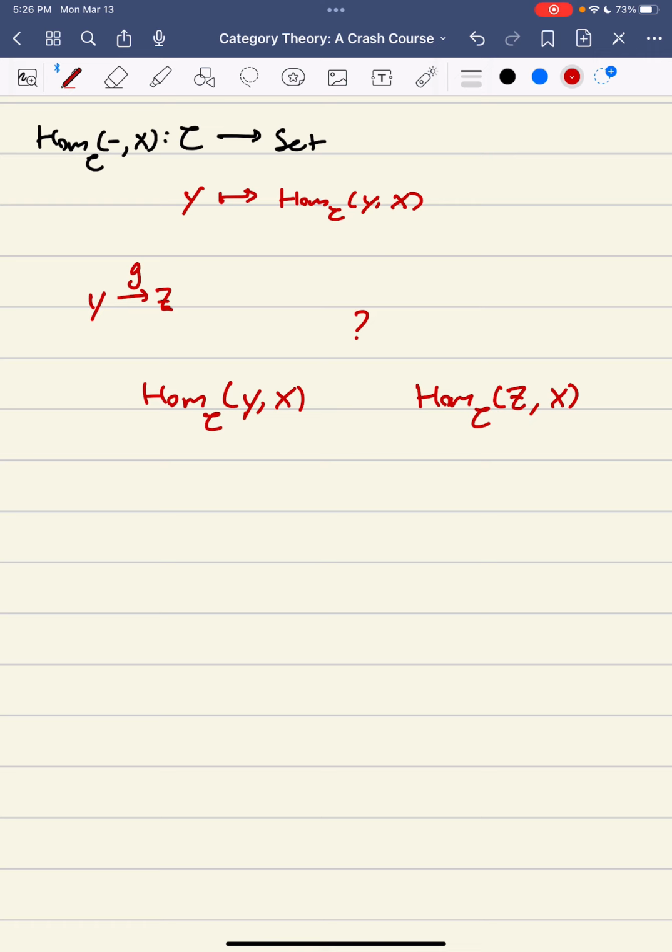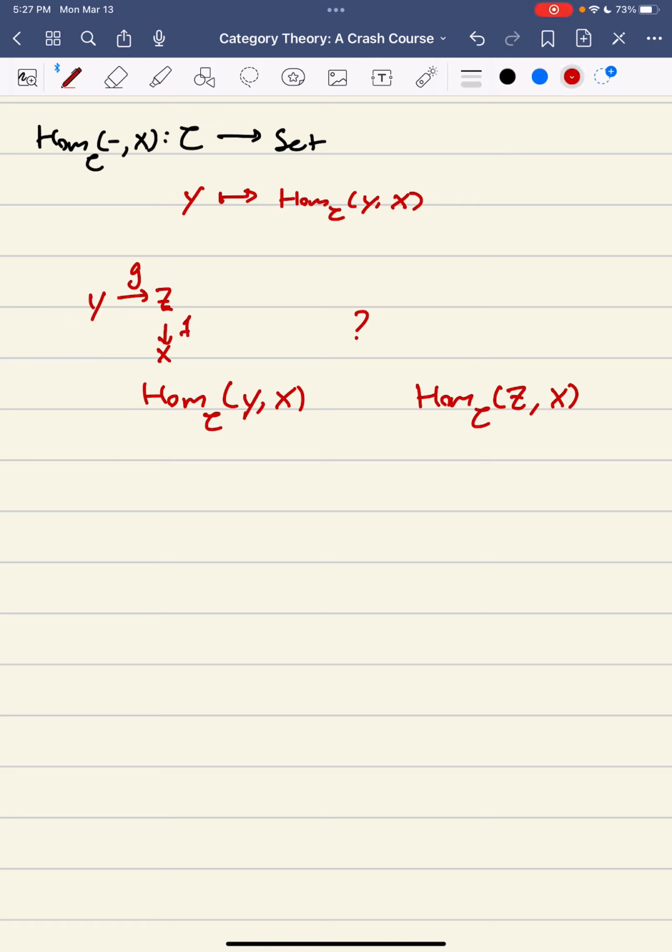I can't really do the same thing I did before. If I had a morphism from Y to X, it does not naturally produce a morphism from Z to X. You can't really compose anything here.